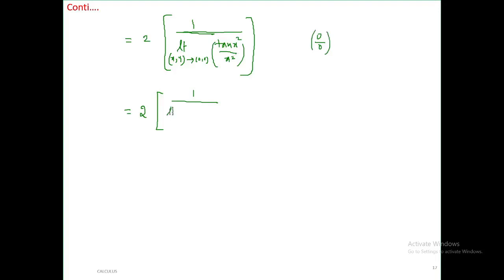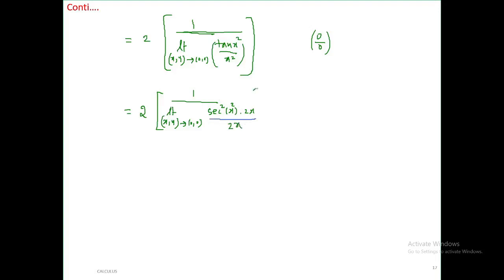So the limit as (x, y) reaches the origin: tan x square derivative is secant square x square, and x square derivative is 2x, by chain rule. So secant square x square, divided by 2x.